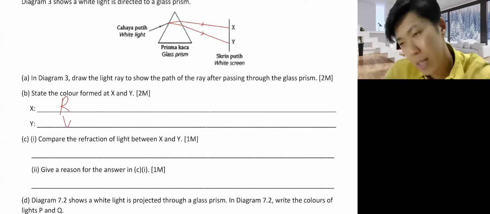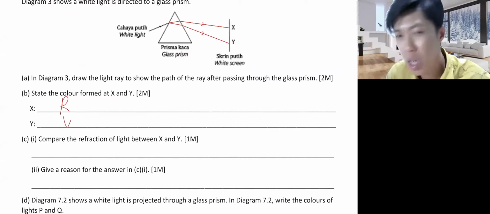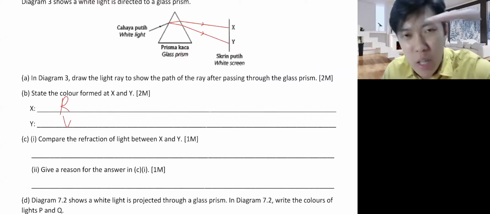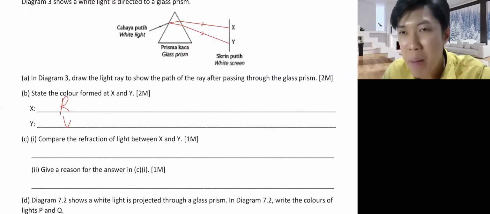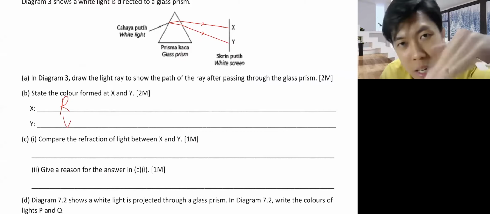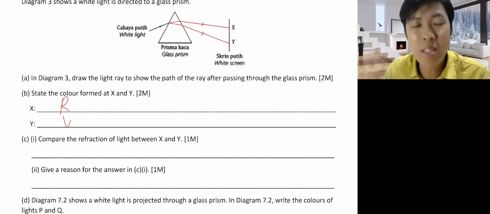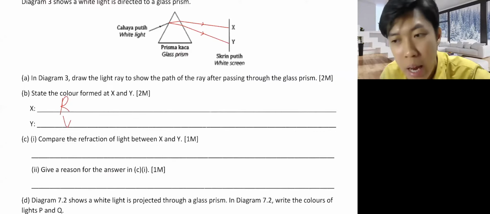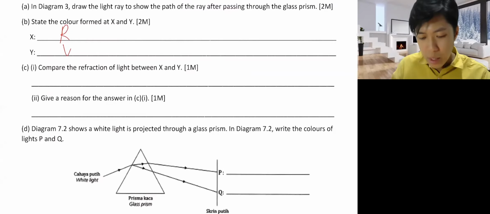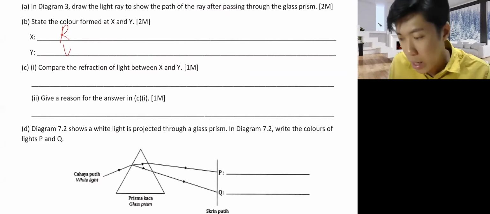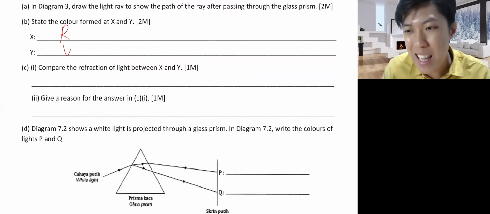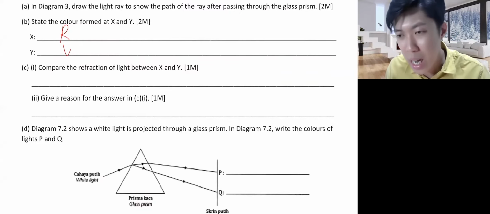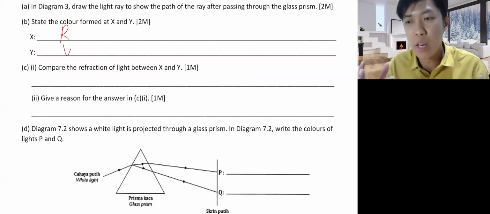Give a reason, just a simple word. What is causing the refraction to be different? What is the factor that causes different colors to have different angles? Why do we have different angles? It's because different colors of light have different what?